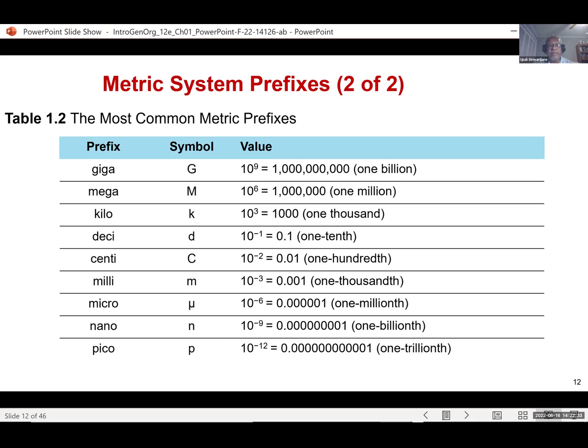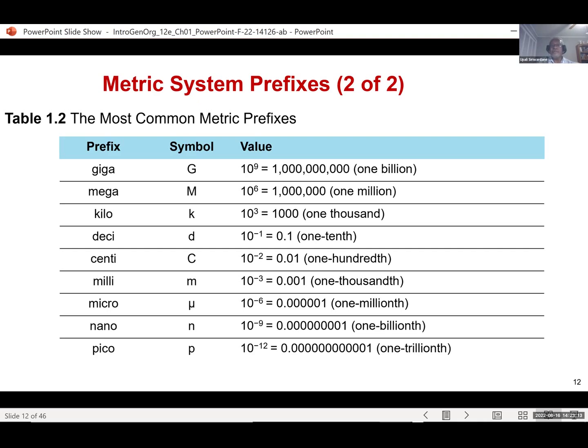Mega, big M, small m, is 10 to the 6 meters. So these prefixes are used for temperature, for mass, for seconds, various other things. Mainly milliliters also, we use this for volume.